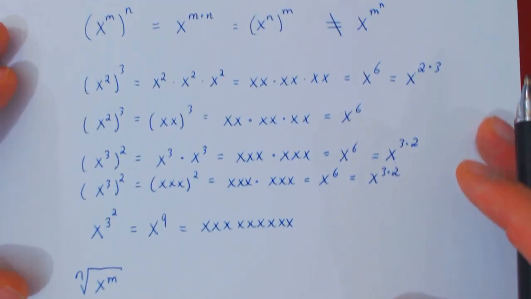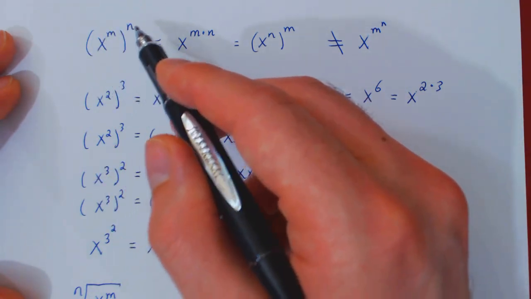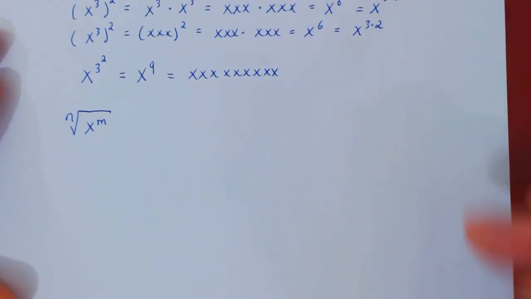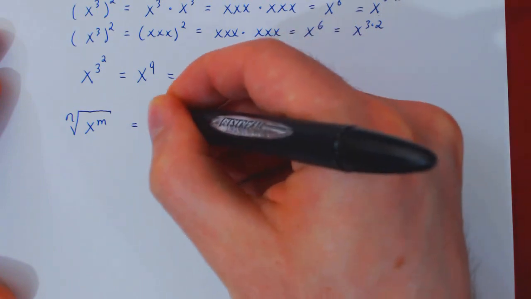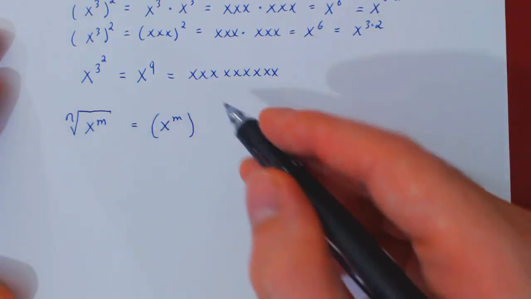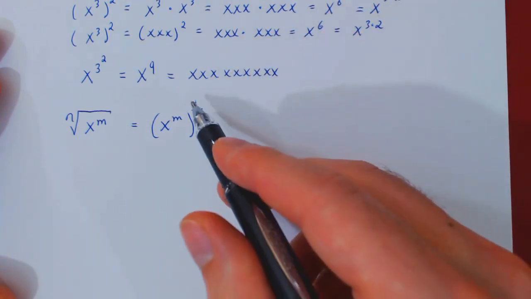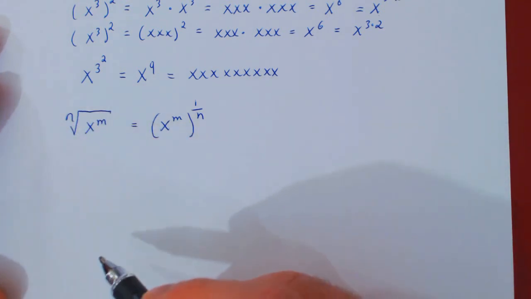Well, we can using this property, but we need to have a power of x. Well, this is easily achieved, leaving x to the m as x to the m, and recalling that an nth root is nothing but an exponent to the 1 over n.